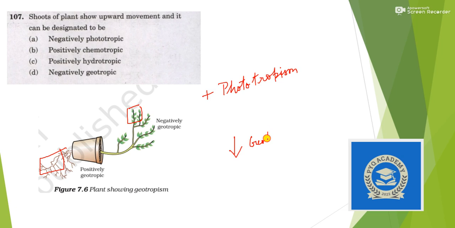In roots it is positive geotropism, and if the shoots are moving opposite from the ground, it is called negative geotropism because it is going away from the earth. So according to the given options, our answer is negative geotropism, option D. This is directly given in NCERT, in the chapter Control and Coordination of class 10.